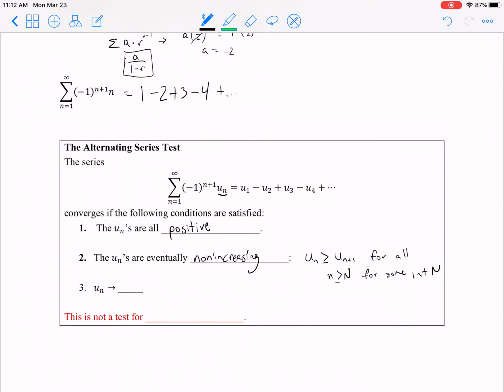They stop increasing. All right, and the limit of u_n is going to go to 0.